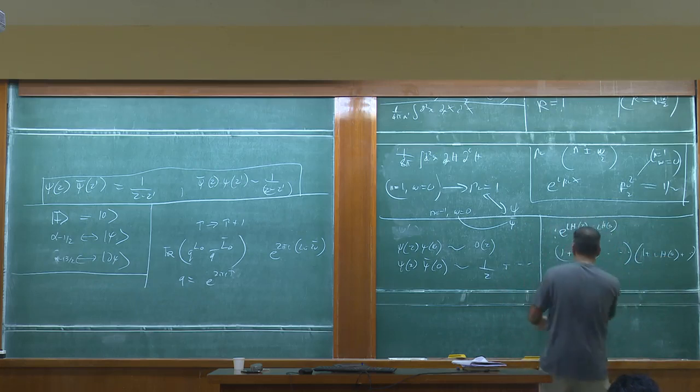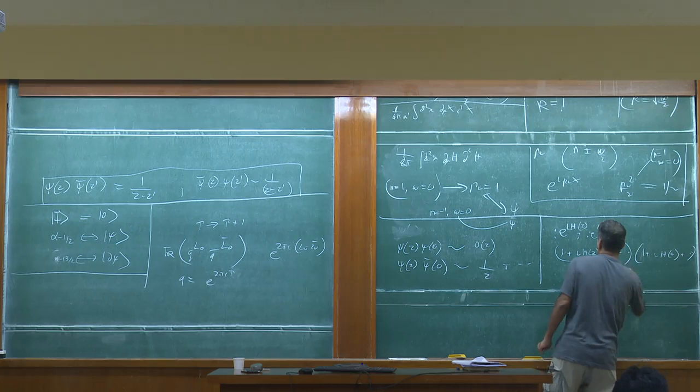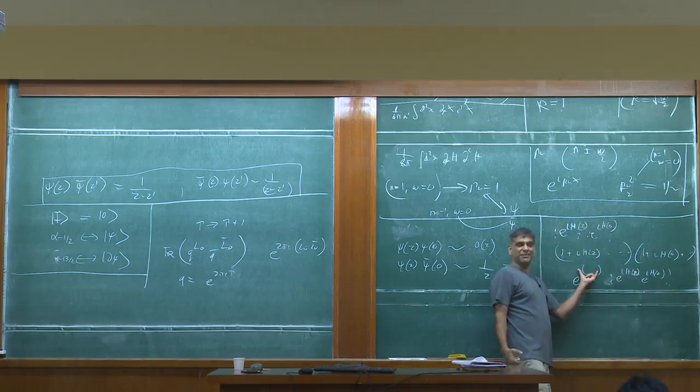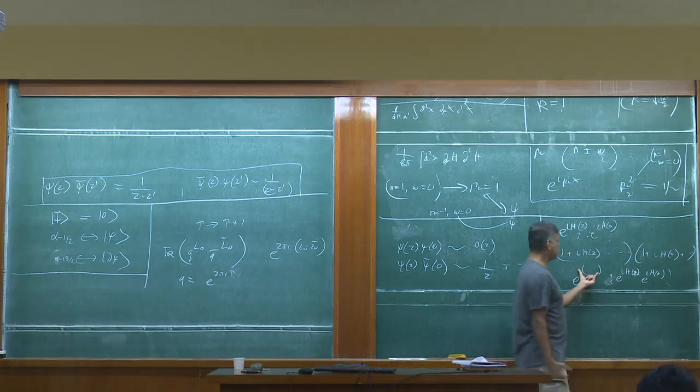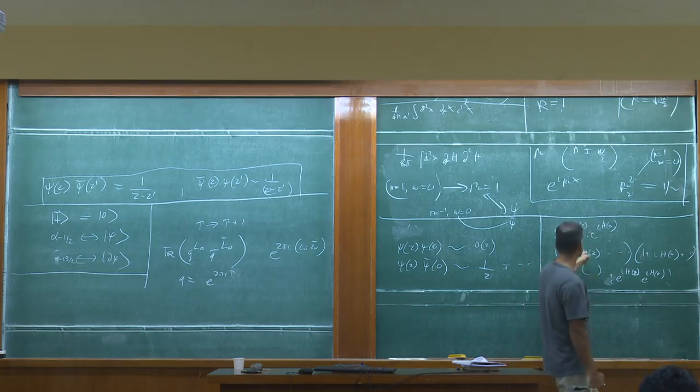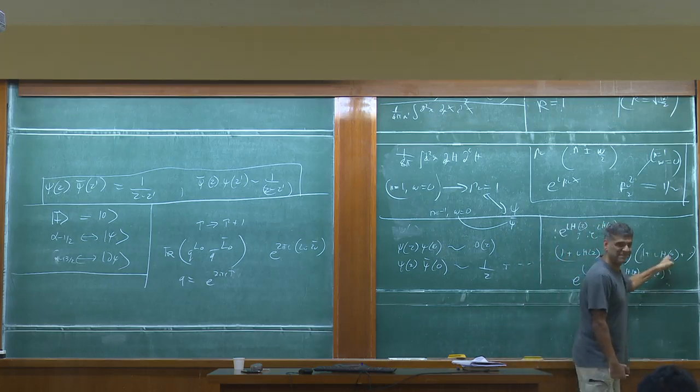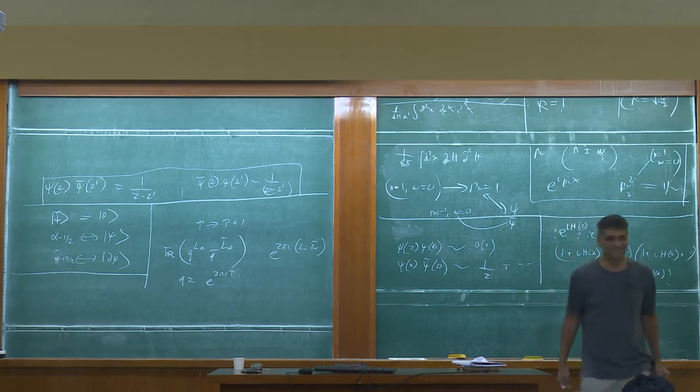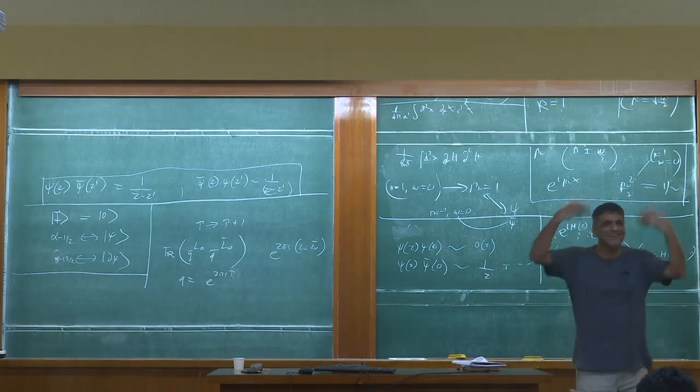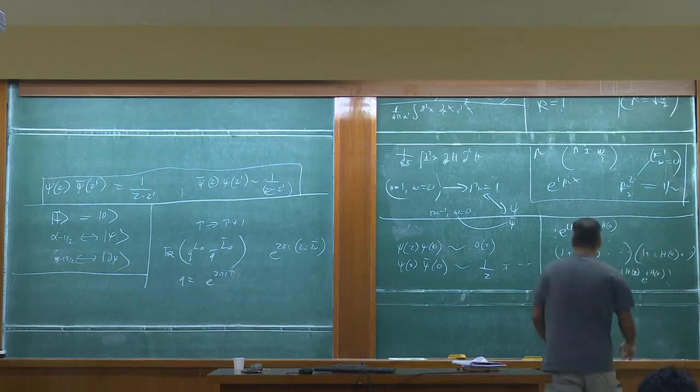But we know that what we're going to get is e to the power something times normal ordered e to the power ih of z, e to the power ih of 0. We know we're going to get something like this. So what could that something be? Well, its first term is going to be this 2-point function. So it's going to be exponential of that 2-point function. Of course, you should work it out properly, but this is a way to remember, to get the signs and so on right. Okay, so what do we get here?